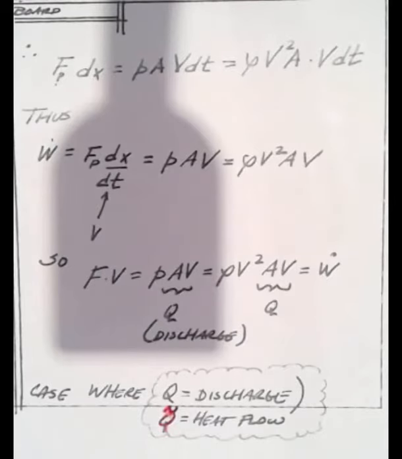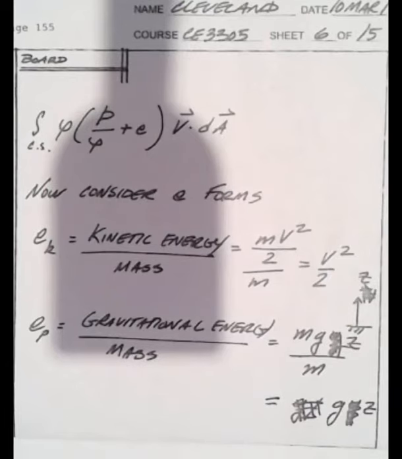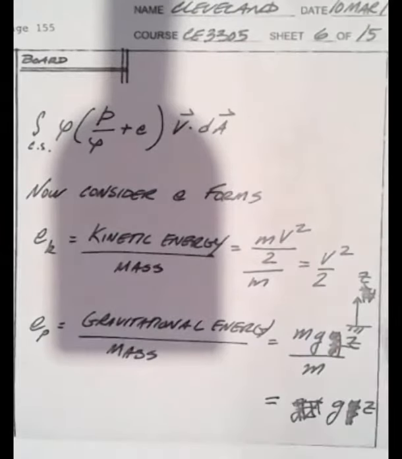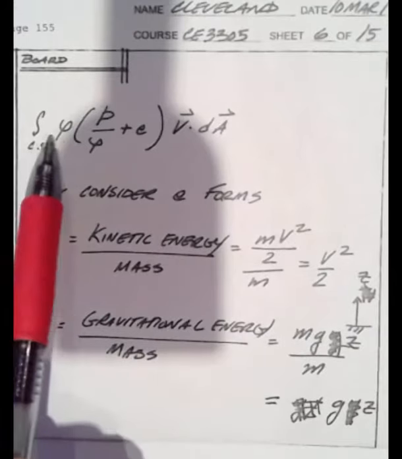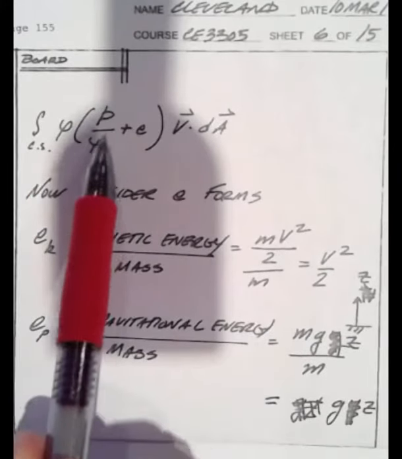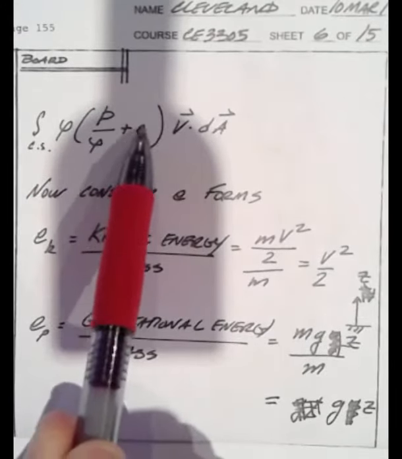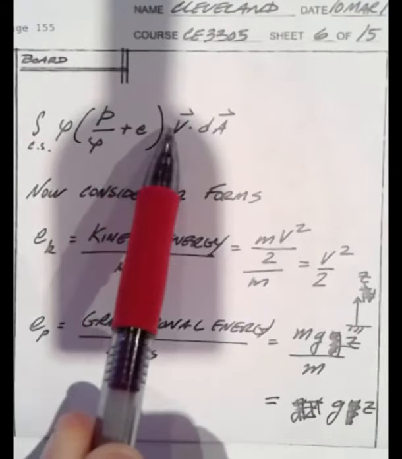Okay, usually the flow work is incorporated in the flux integral. And so the integral over the control surface of rho times pressure over rho plus the energies times V dot dA.